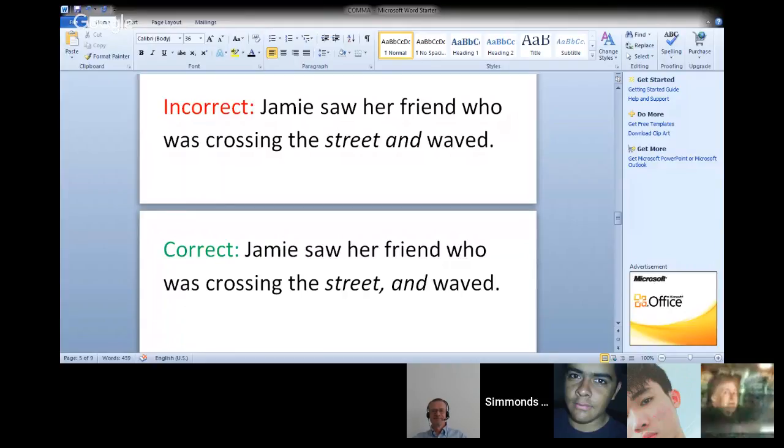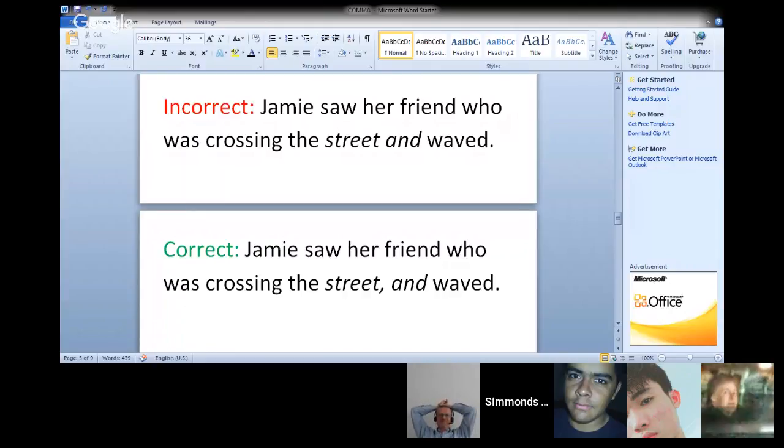Incorrect: Jamie saw her friend who was crossing the street and waved. Correct: Jamie saw her friend who was crossing the street, and waved. So as Thomas has repeated, as he knows, you can't have this comma before and.